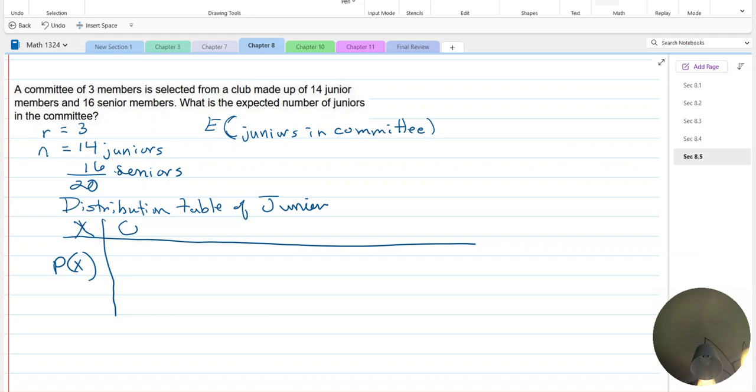Okay, so we can have 0 juniors, and that would mean juniors are 14 choose 0 times the other one, 16 seniors choose 3, all over 30 choose 3. Now we have 1. So it's 14 choose 1 times 16 choose 2 over 30 choose 3.